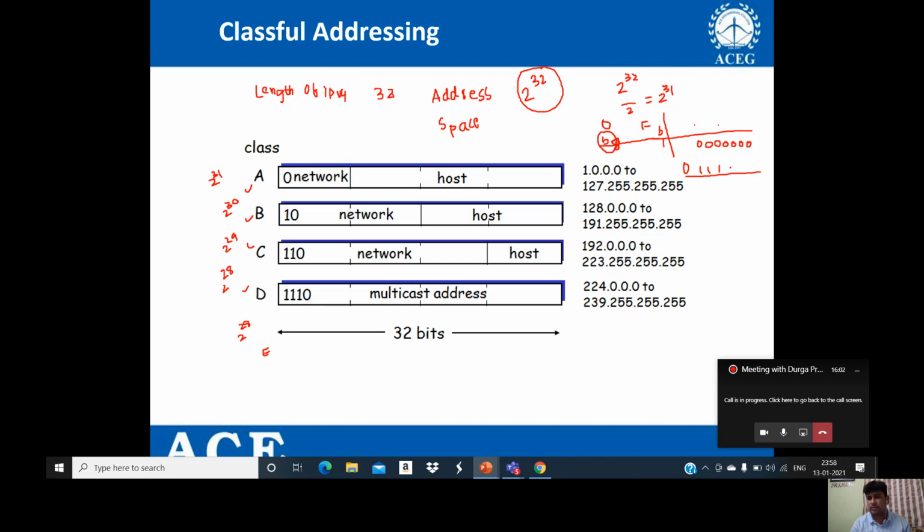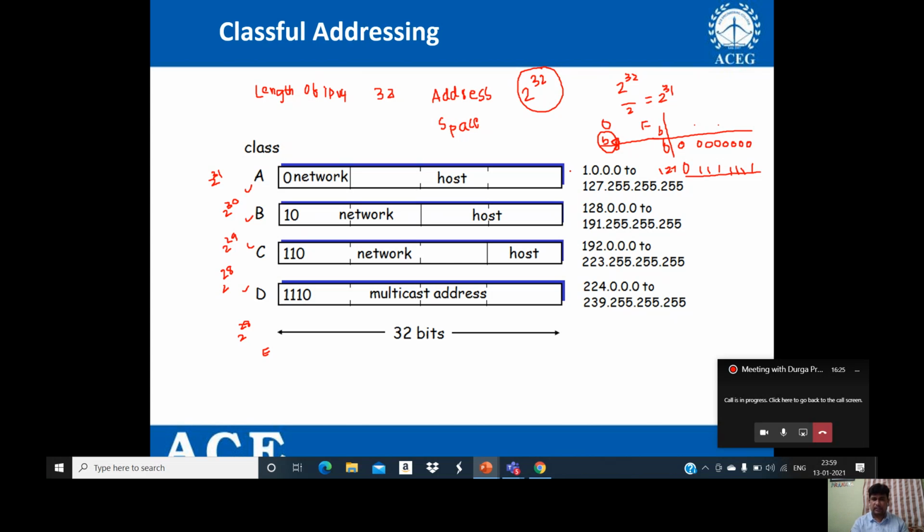Those are referred to as class A. Now, what's the starting range here? All zeros means 0, and 0 followed by 7 ones is 127.